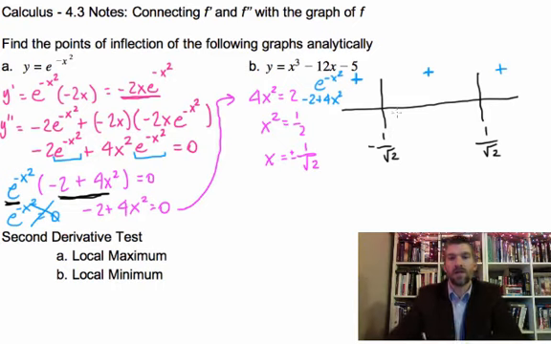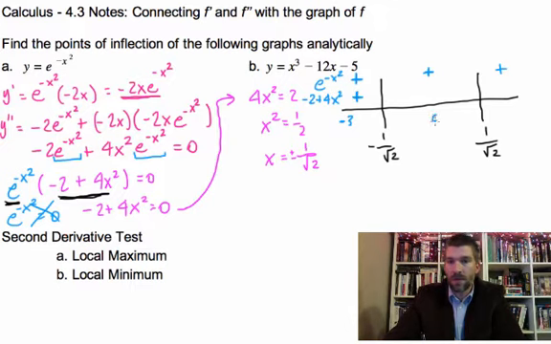Is it positive or negative? So we want to pick a number less than 1 divided by radical 2. A real safe number in this case might be negative 3. Make sure that you're picking a number that's well into that area. So I put negative 3 in here, and I'm going to get negative 3 squared, which is 9, times 4, which is 36, minus 2, so I'm going to get a positive number.